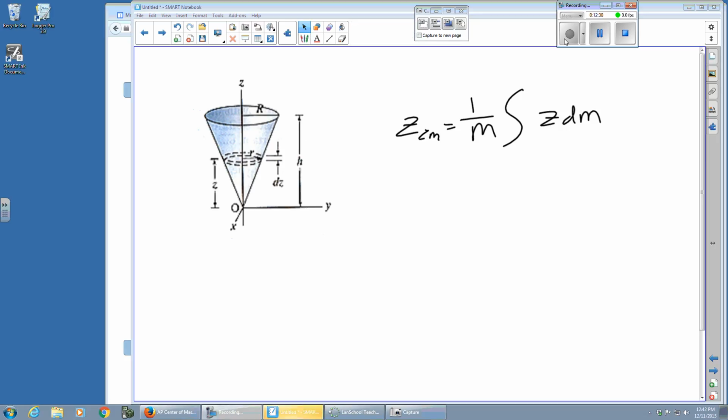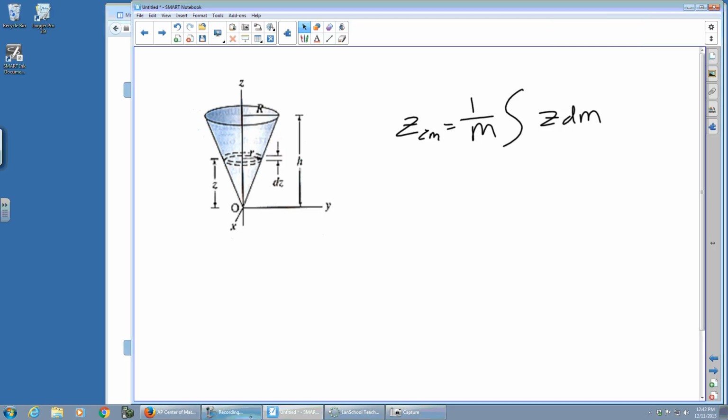Now, quite frankly, this not being on the equation sheet, what does that tell you? It tells you one of two things. Either they're assuming that you remember this, or they're not going to give you this type of problem on the test, or that if they do, they'll give you that relationship. Most likely, they're not going to give you this type of problem on the test.